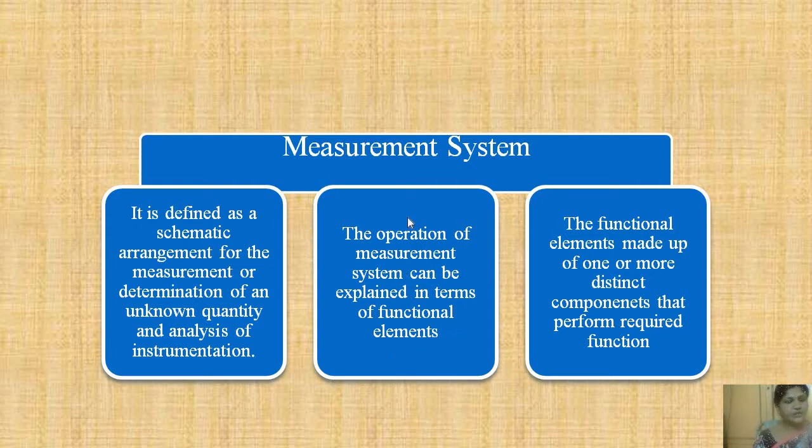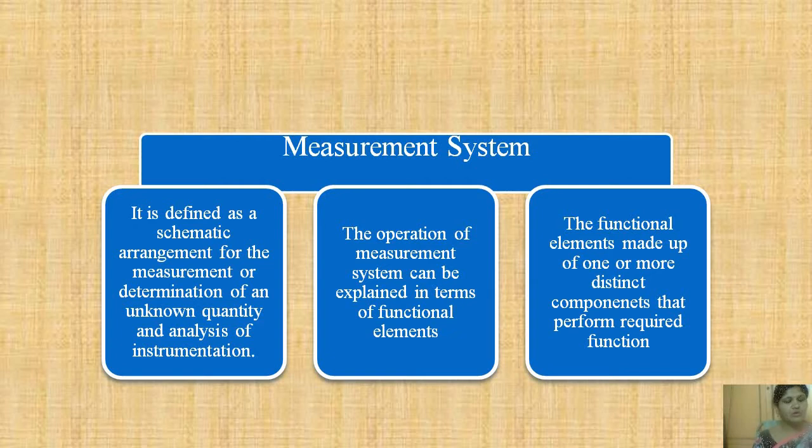The operation is explained in terms of activities of the functional elements, and as I said, functional elements consist of one or more distinct components which perform a specific or required function in the measurement. So here we are studying the different elements of the generalized measurement system.